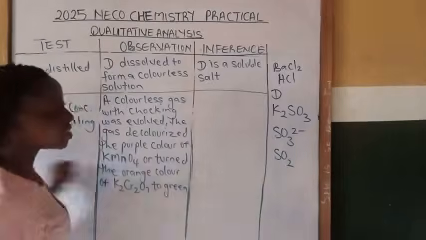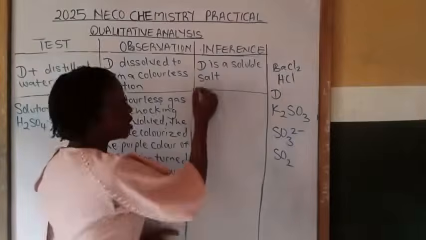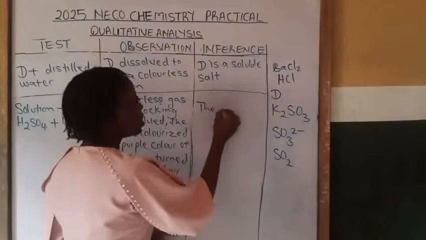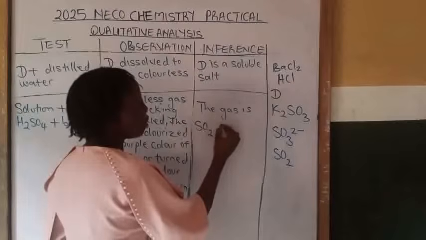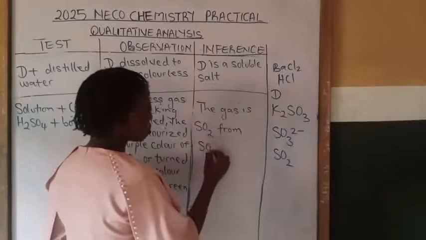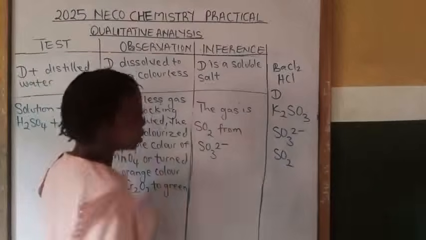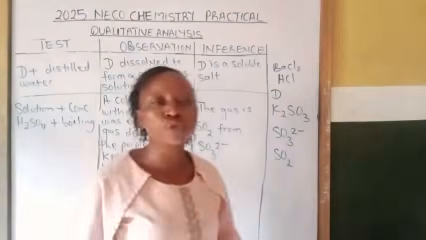So which indicates the presence of SO2 gas. So here you write the gas is SO2 from SO3 2 minus.